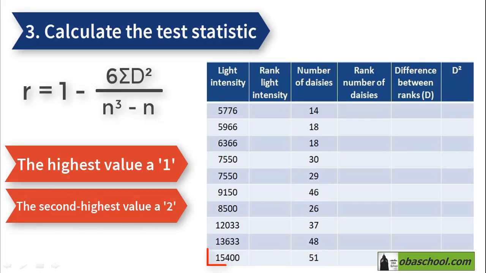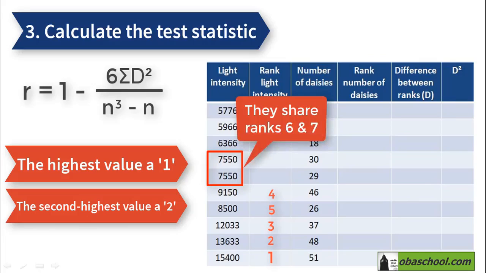For example, for the values of light intensity, this value here is the highest, so we give it a 1. This value here is the second highest, so we give it a 2, and so on. However, if we have two values which are the same, like these two here, then they share ranks 6 and 7 and are both given a rank of 6.5.